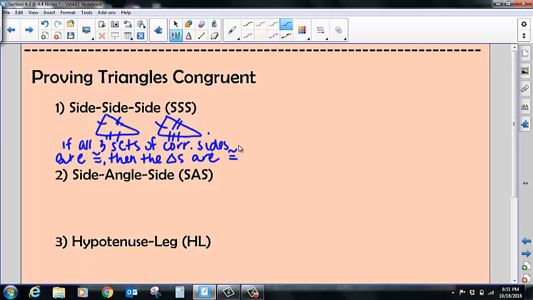Okay, so you don't really need to know anything about the angle measures. If you know that all three sets of sides are congruent to each other, that's enough to say that the two triangles are congruent or equal in size.